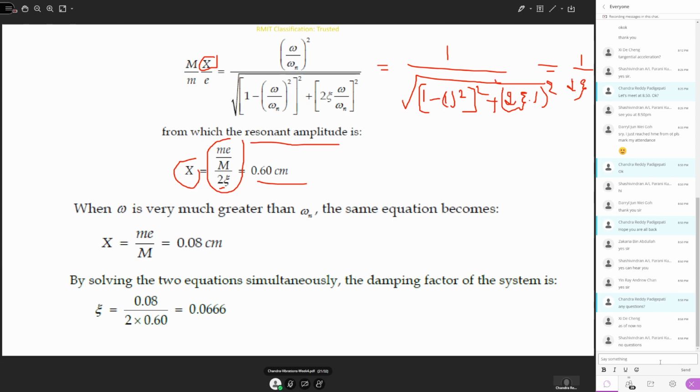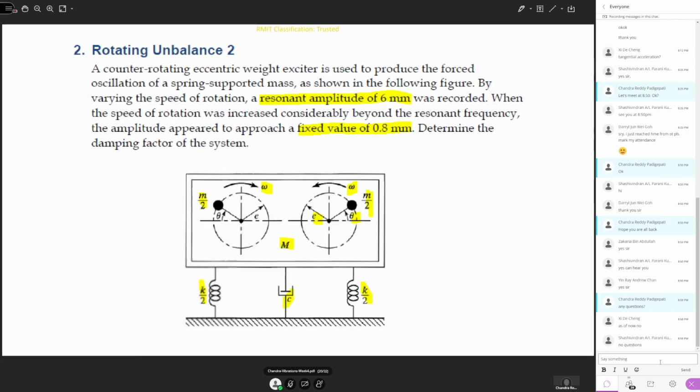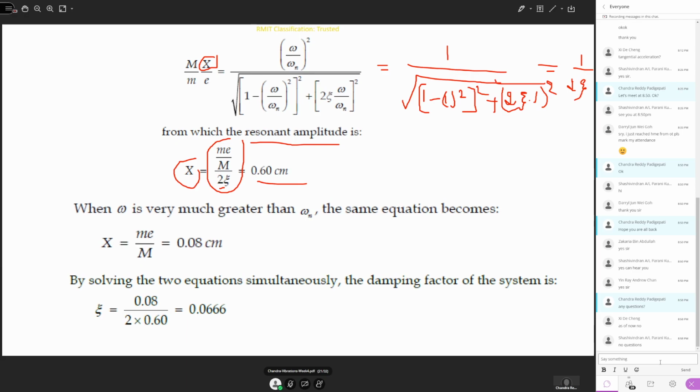But again, we know the eta value. The damping ratio is given. The amplitude appeared to be a fixed value. So when omega is very much greater than omega n, this is another point given.